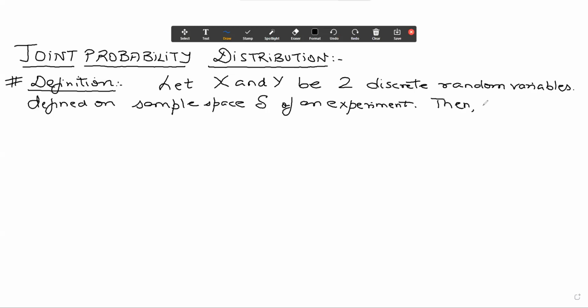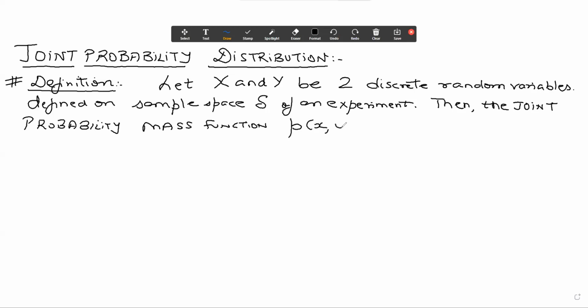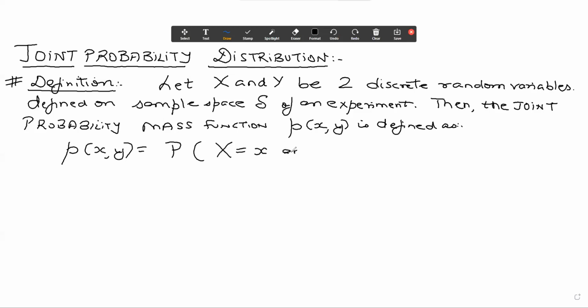Then the joint probability mass function P of X comma Y is defined as P of small x comma small y is the probability that capital X takes the value small x and capital Y takes the value small y.